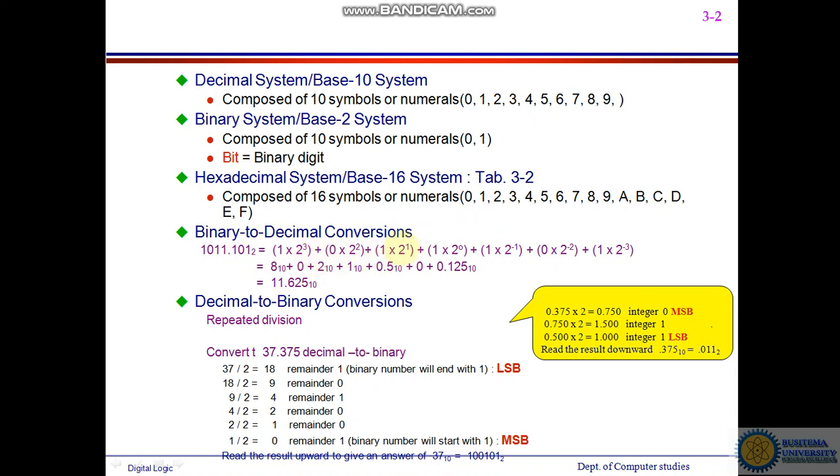Plus 1 times 2, plus lastly 1 times 2. Then we continue with the fractional part: 1 times 2, then 0 times 2, and then 1 times 2. So now let's put in the powers.